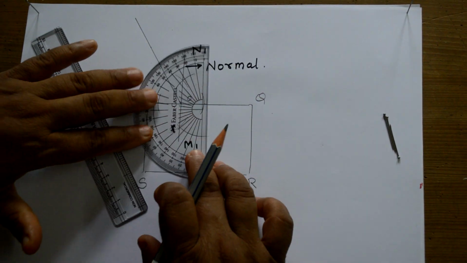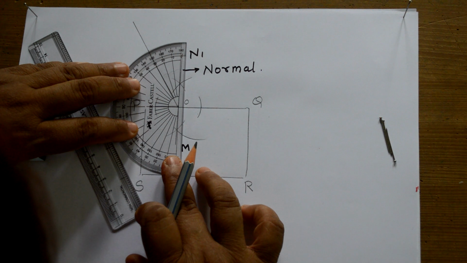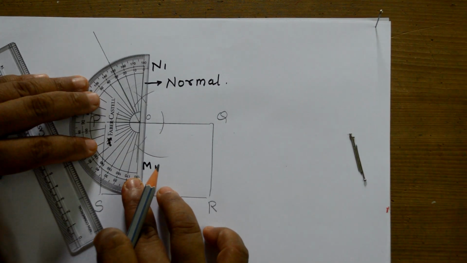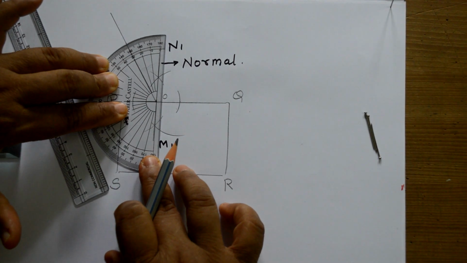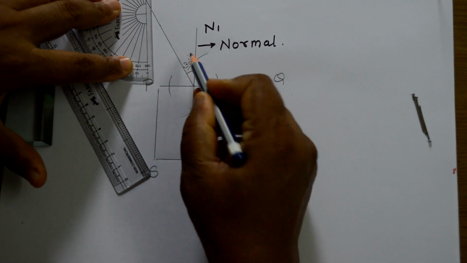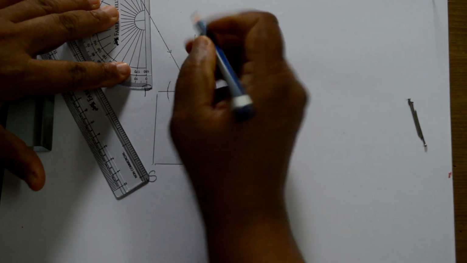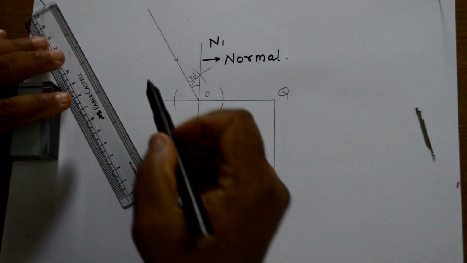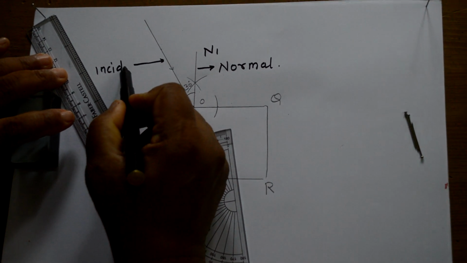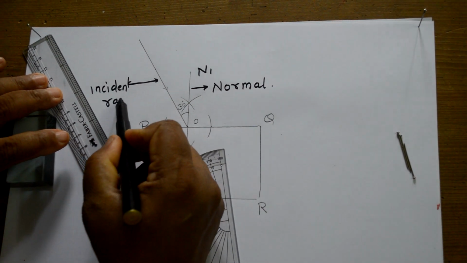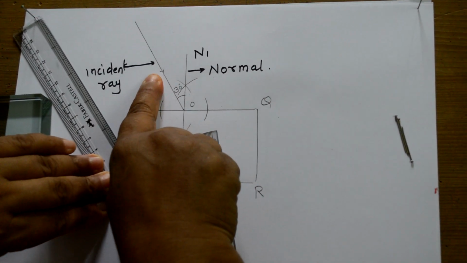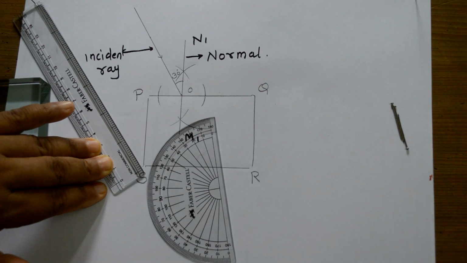Measure the angle if it's 30. Yes, it is 30 degrees. This angle is angle of incidence and the line is incident ray. The angle made with normal and the incident ray is the angle of incidence, which is 30 degrees.